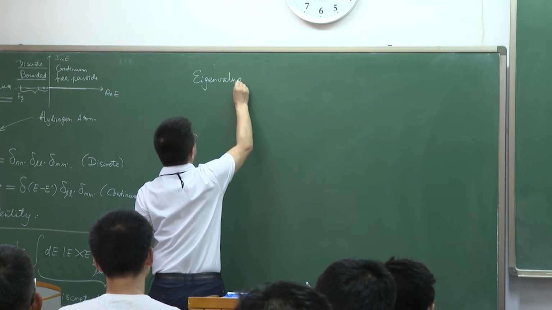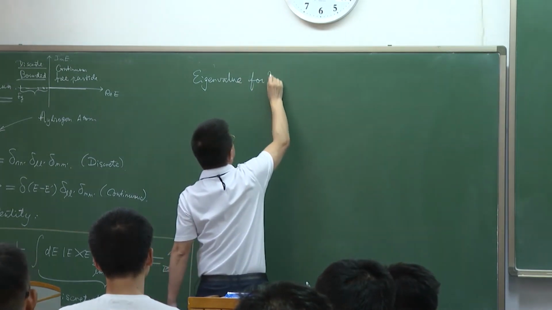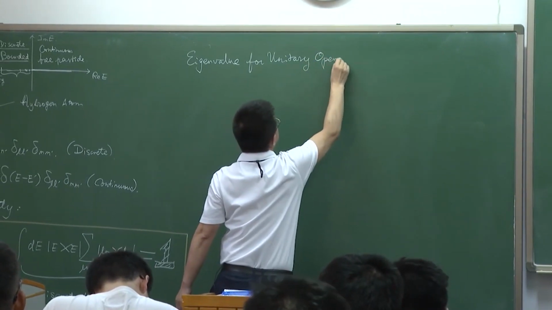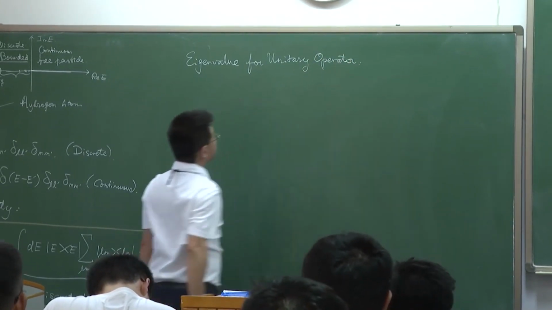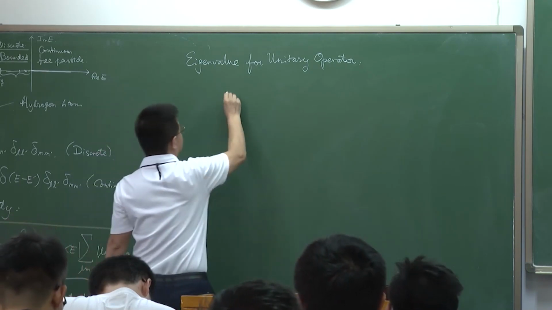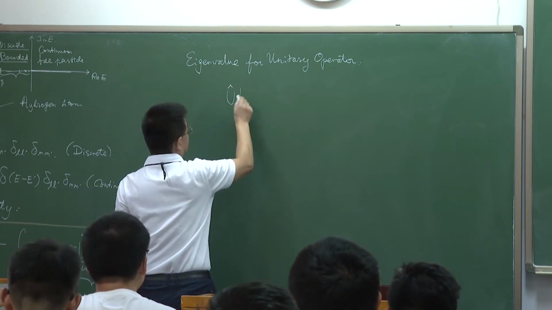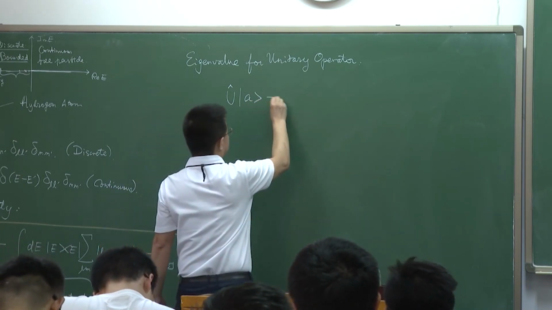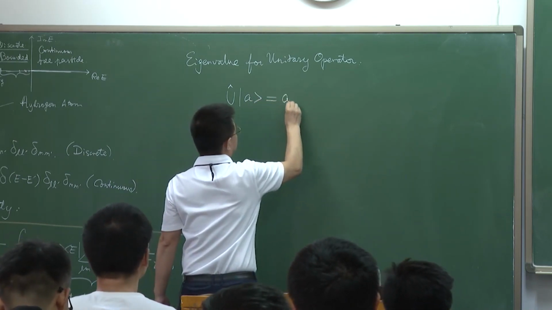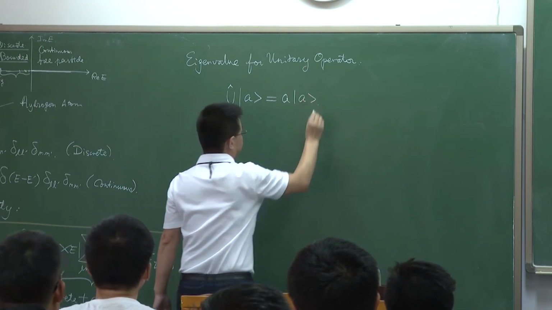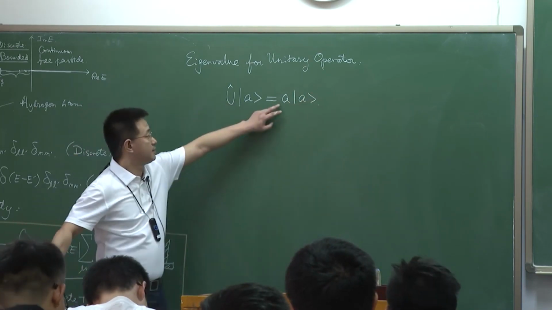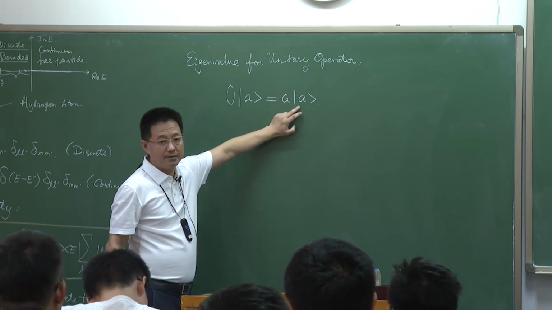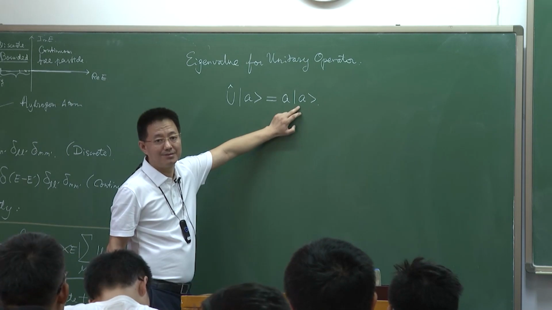We can assume that U operates on this state and you have this. So the small a here is the eigenvalue, and this ket a is its eigenstate, right?